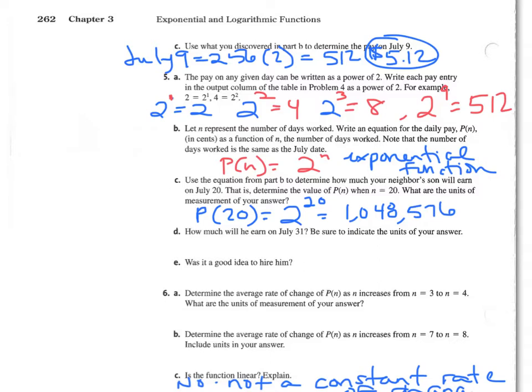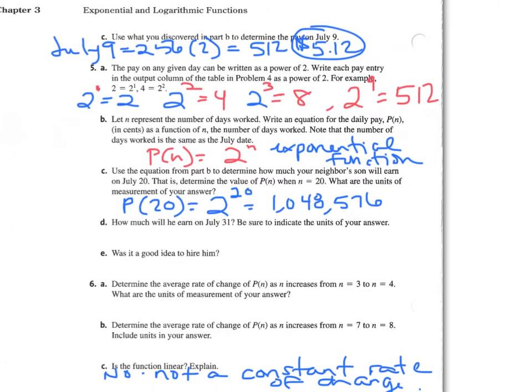When I turn that into dollars, I just move my decimal point twice, and I get $10,485.76. I just want to keep reminding you that that is just the pay on July 20th, not even including any of the days before.